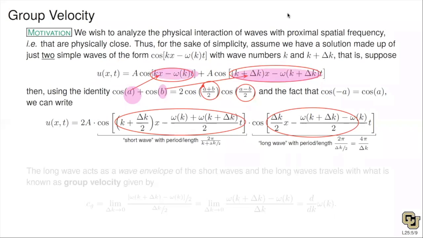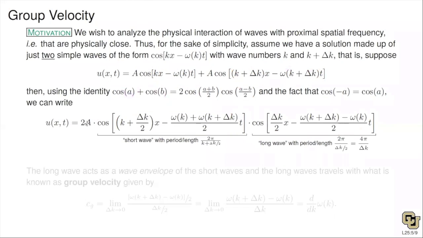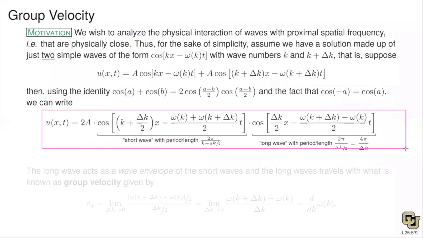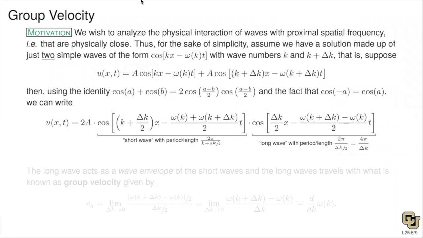Okay, so now let's analyze it. So now here's our two waves that are close together interacting. We've rewritten their formula in this way as a product. And if we look at the wavelength in x for this, I want to take 2 pi and divide it by (k plus delta k) over 2. Again, on the other side here, for this other wave, we want to look at the wavelength in x. So I take 2 pi and divide it by delta k over 2.